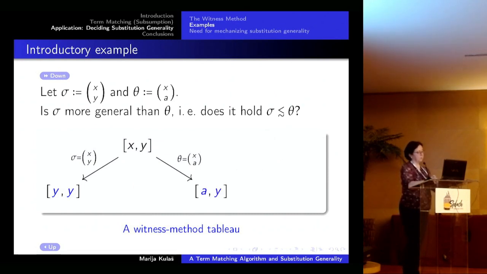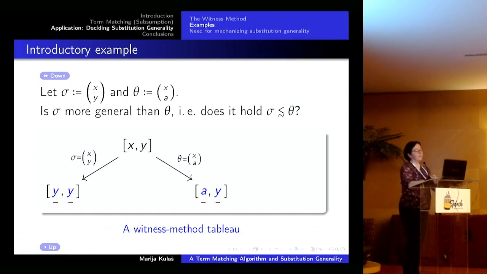So the question is, can we match the left-hand term on the right-hand one? Can we? Well, it's not possible, I know. We cannot, because y would have to be mapped in two different ways simultaneously, of course.